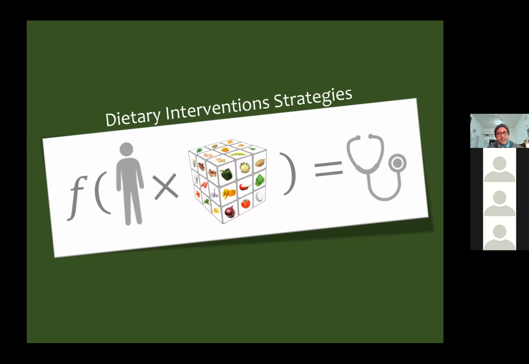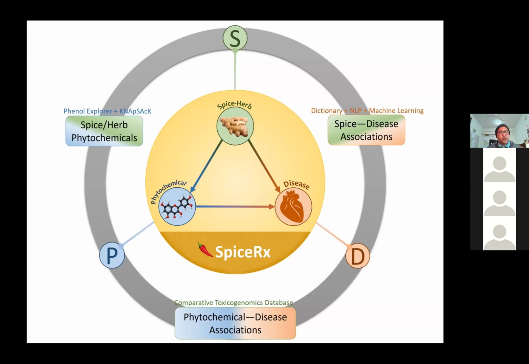So one way of dealing with this dilemma is looking at the large amount of data available in the public literature and compiling it together to make sense of it. As a first step toward this, we have created something called SpiceRx, a subset of a larger data set called DietRx, which I will be flashing you very soon. We compiled the data of all culinary herbs and spices, around 165 of them, which are used in recipes, their phytochemicals, their disease associations, and phytochemical disease associations as well.